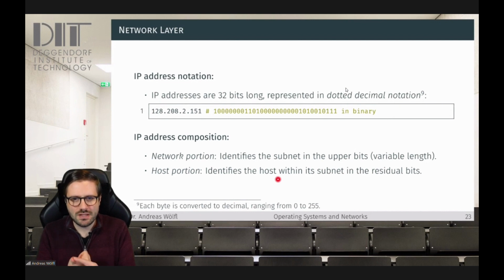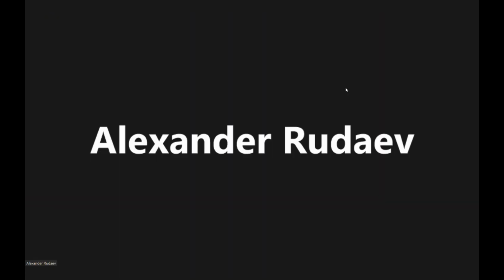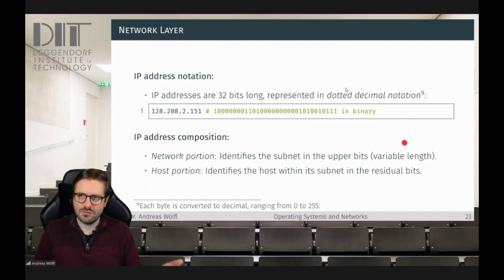You cannot see by just looking at these 32 bits what is the network portion and what is the host portion. The network portion is of variable length. Sometimes it's 8, sometimes it's 24 bits, but it's measured in bits. The top n bits are the network portion, and the remaining bits, 32 being the total length, minus the network portion equals the host portion.